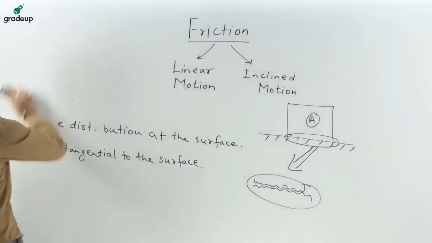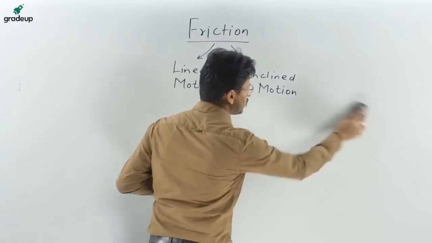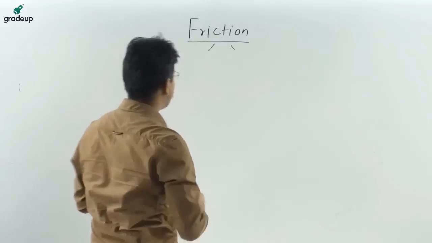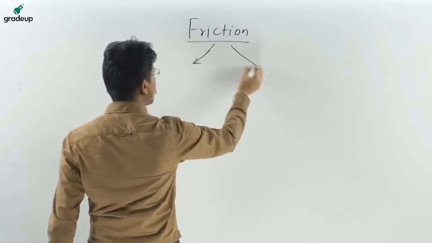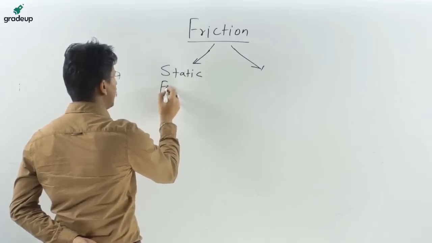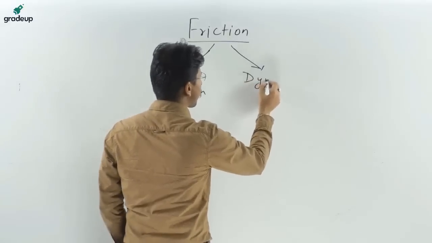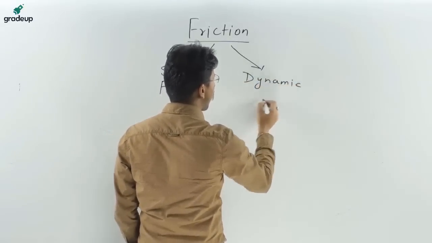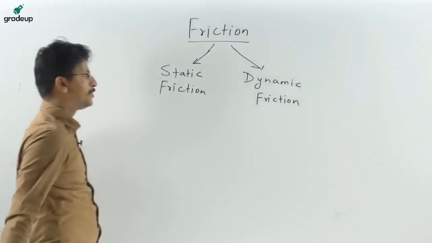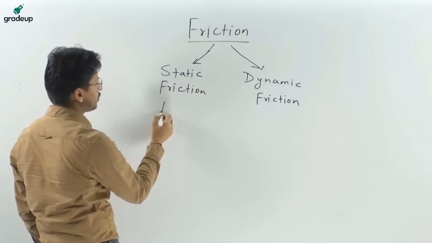Now this friction is divided into two parts. One is static friction, and the other one is dynamic friction. Static friction is experienced by the body when it is at rest.